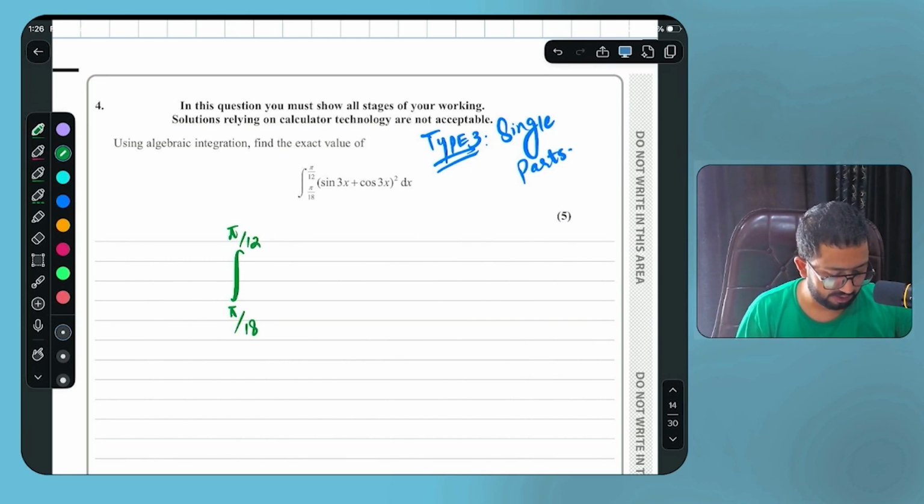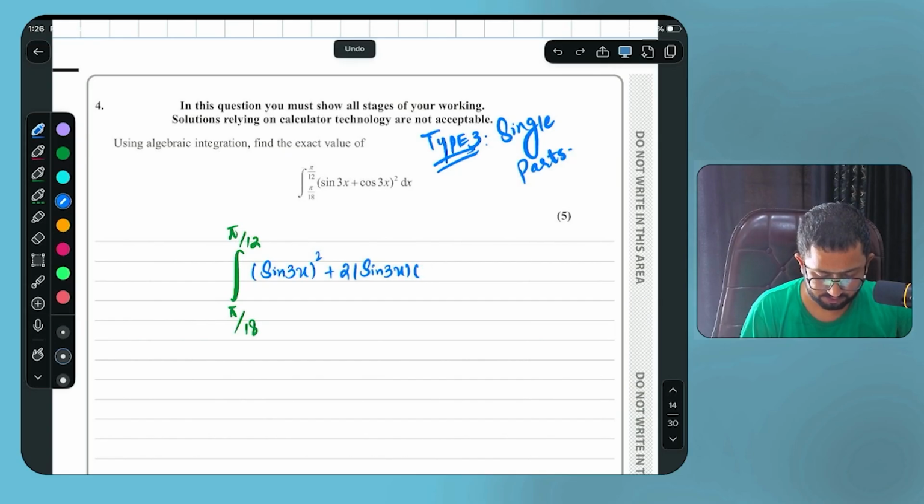But first you need to apply the (a plus b) whole square formula: a square plus 2ab plus b square, for dx.